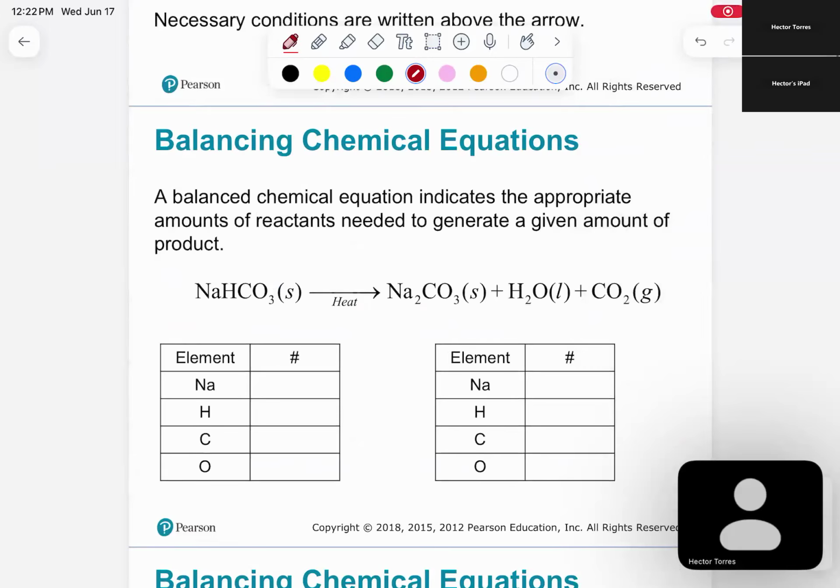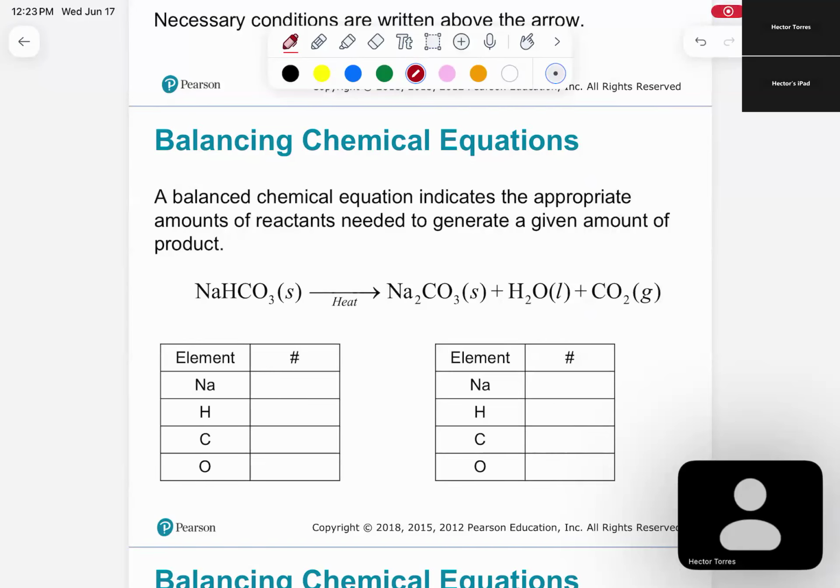Now that we know a little bit about the equation, we can talk about balancing the equation. The definition of balancing the chemical equation, or why we do it, is that it should indicate the appropriate amount of reactants needed to generate a given amount of products.